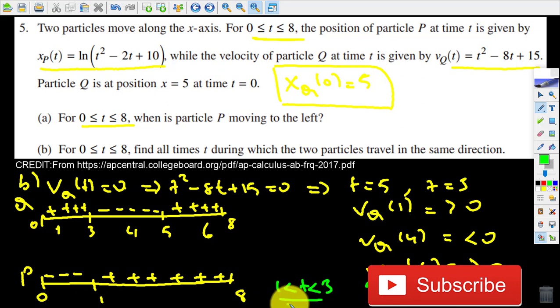So basically on these two time intervals, these two particles are moving in the same direction. So if you want to solve this problem, you need to make two number lines and focus on their intersection regions.